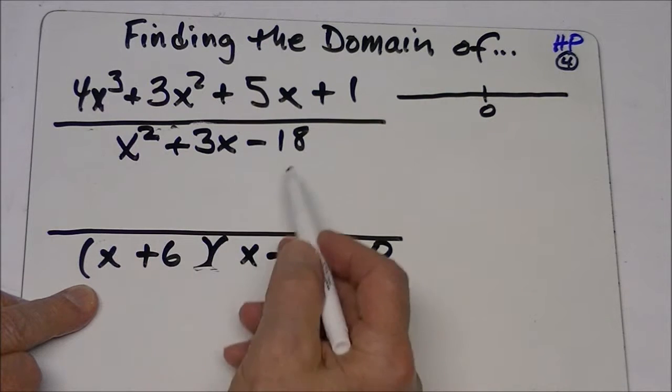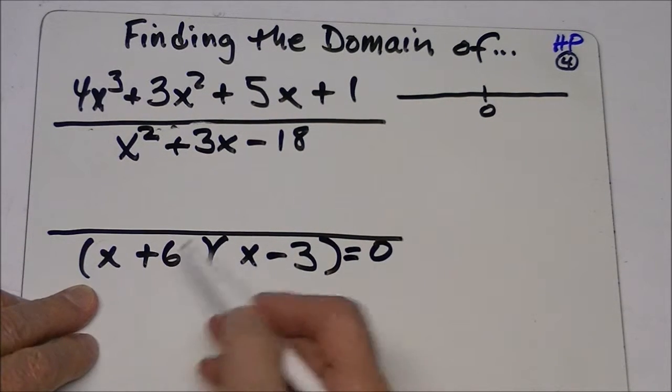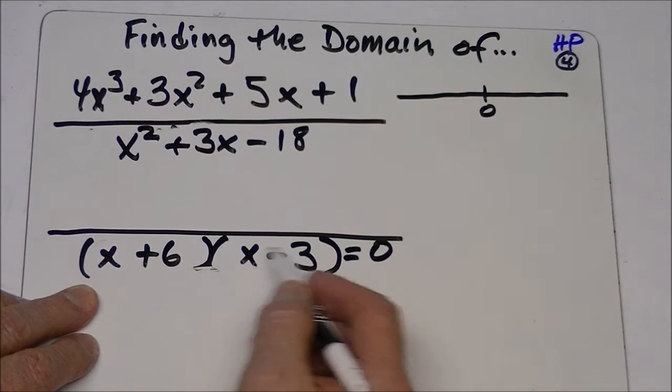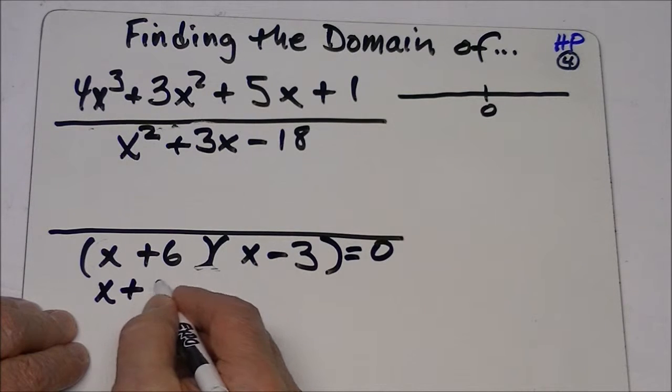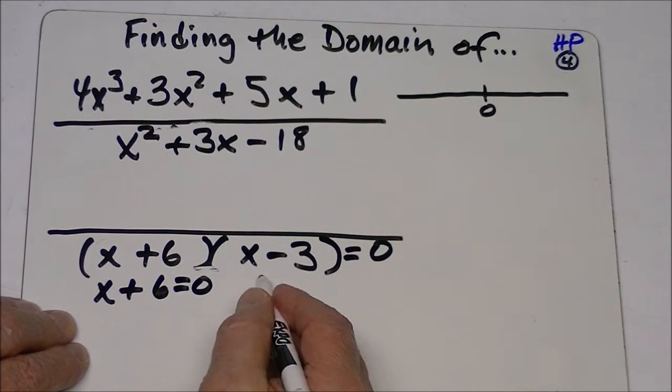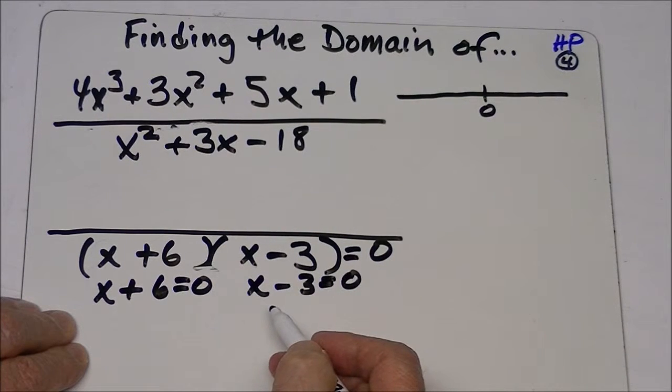So once we factored this, we get this. And now finding the zeros, what would make these factors a 0? Well, equal each of these to 0. That's part of the protocol.